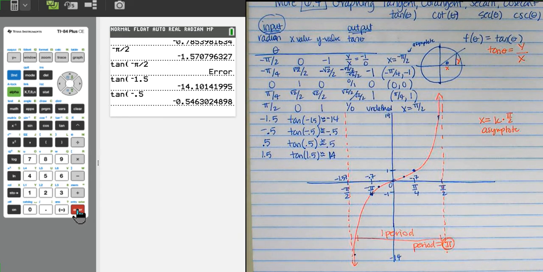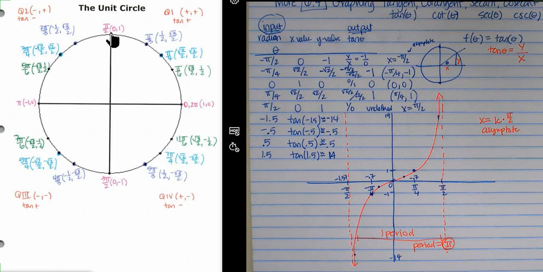Every time we go around the unit circle, every time we're here or here, if we start here and go around, asymptote, asymptote, asymptote, asymptote. Every time we go halfway around the circle, which is pi, we get another asymptote. So it looks like this.